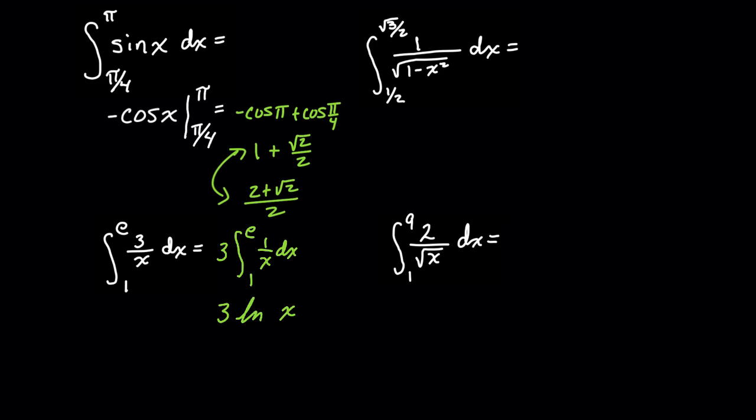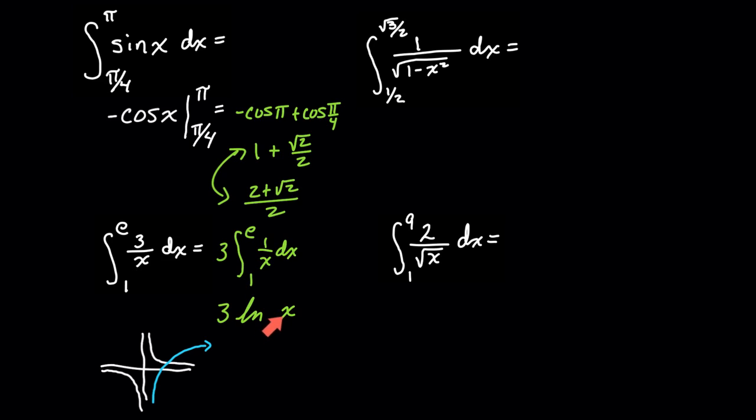Now, one thing I want to point out on this, and let's look at this graphically for a second. 1 over x is a rational function that looks like this. Natural log of x is a function that looks like this. The domain of the original function of 1 over x is all real numbers except for 0, which means you can have negative numbers and you can have positive numbers, both, that will work in this function.